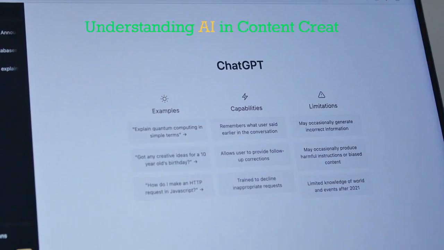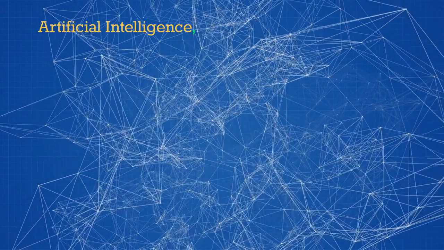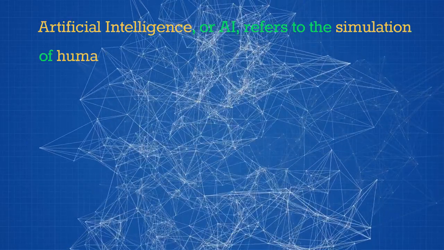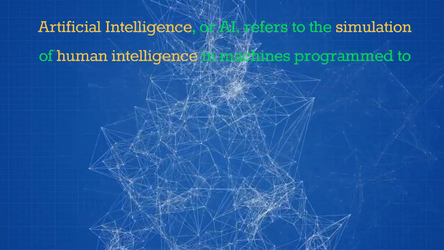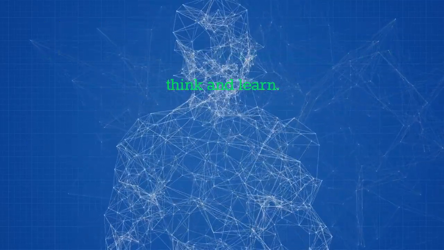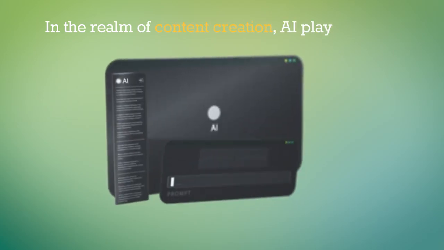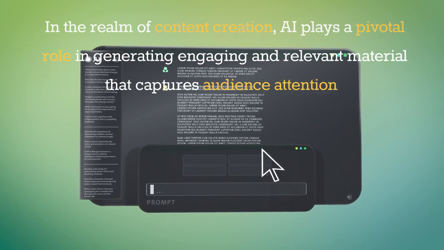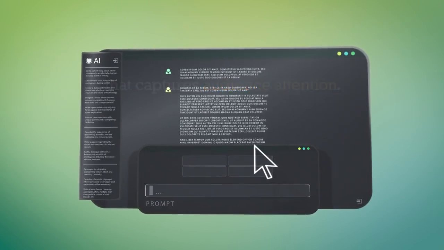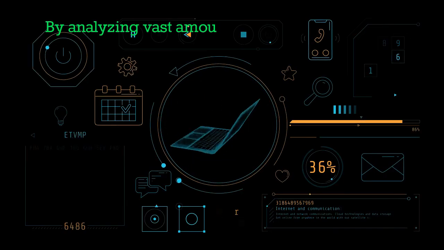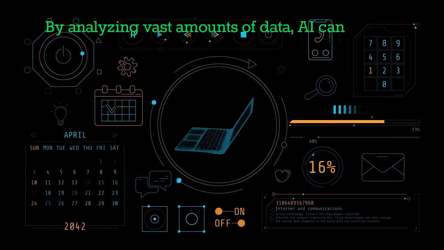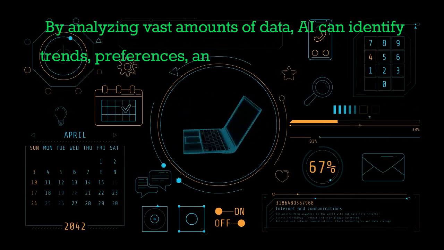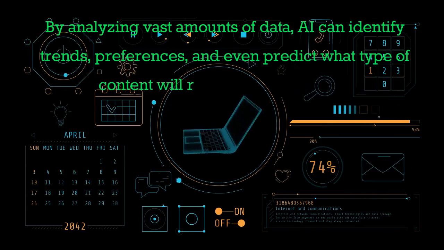Understanding AI in content creation. Artificial intelligence, or AI, refers to the simulation of human intelligence in machines programmed to think and learn. In the realm of content creation, AI plays a pivotal role in generating engaging and relevant material that captures audience attention. By analyzing vast amounts of data, AI can identify trends, preferences, and even predict what type of content will resonate with viewers.